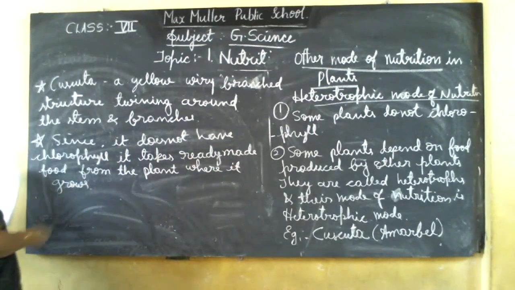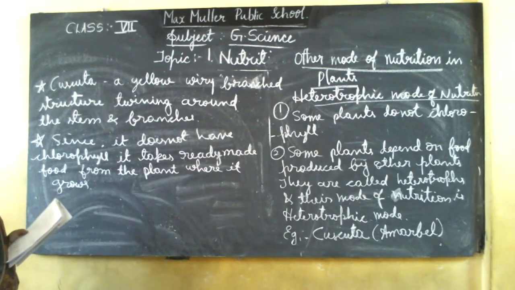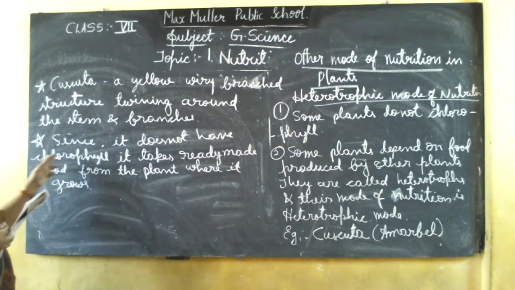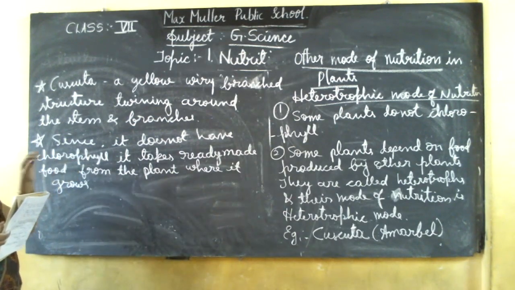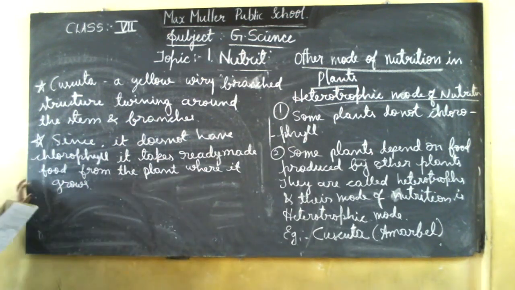Understood, children? So it is growing on another plant. There it takes out the food from that plant, because it does not have the capacity to produce chlorophyll. That's why it sucks the ready-made food from another plant.